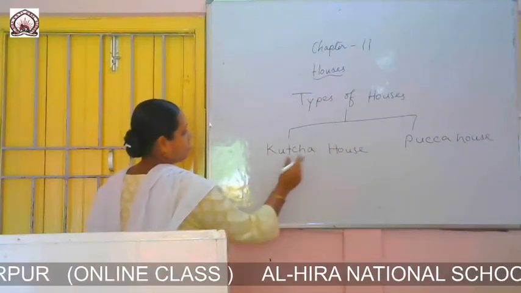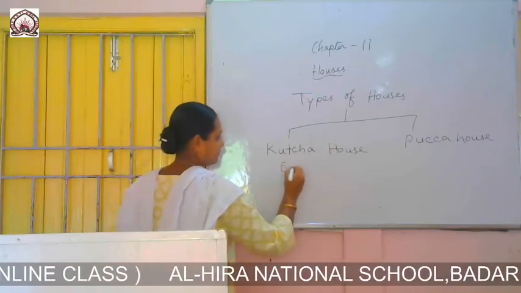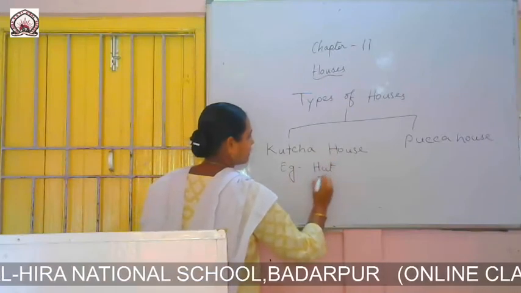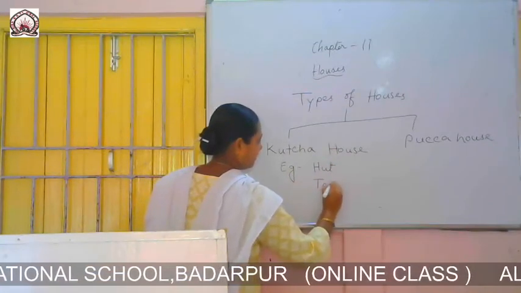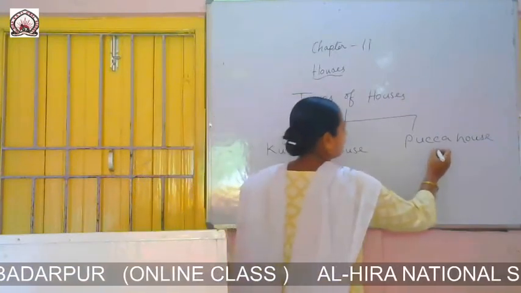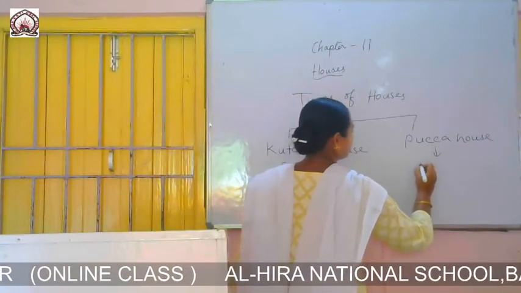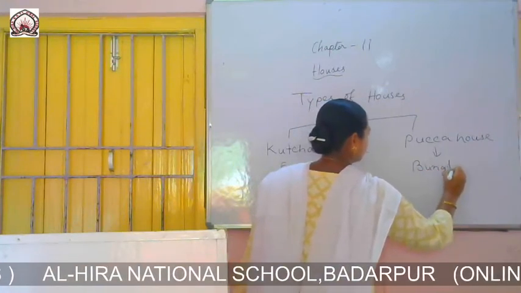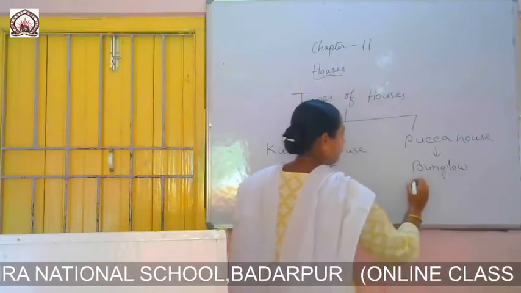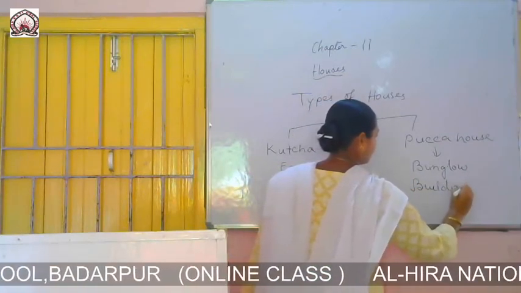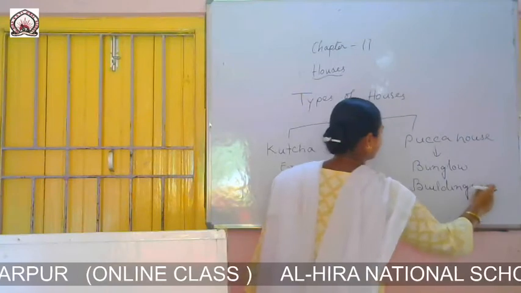Examples of kacha houses are hut and tent, etc. Examples of pakka house are bungalow, buildings, etc.